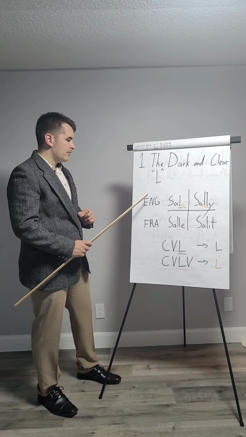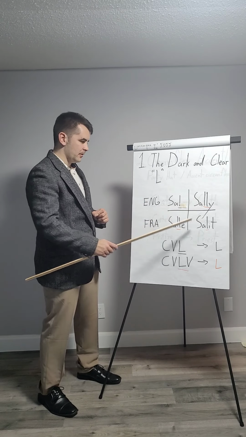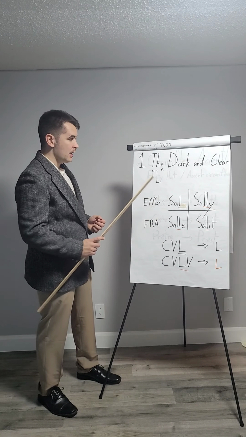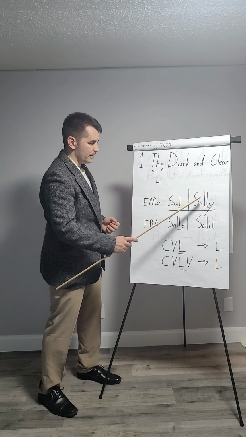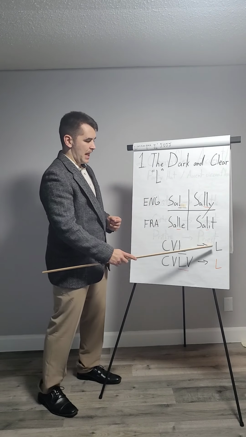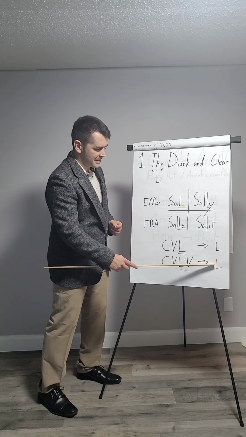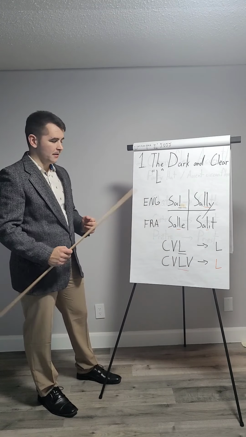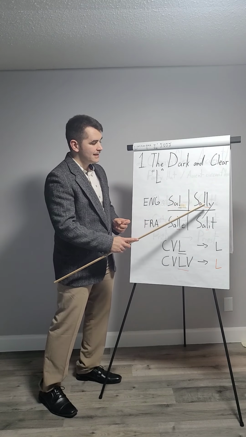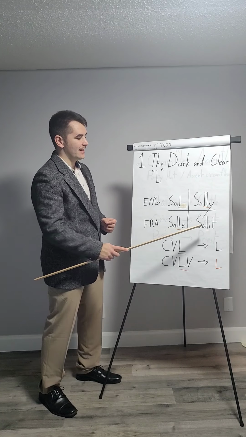So here I have English and French, and I have 4 kind of similar words to explain the difference between the dark L and the clear L. So in this case, black means dark L, and then I think that's yellow, means a clear L. So in English we have sale, Sally, and then in French we have sale and Sally.